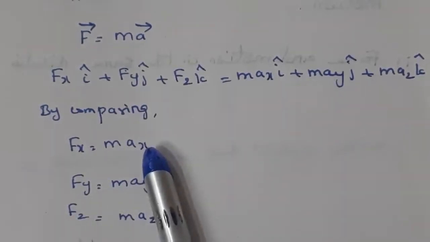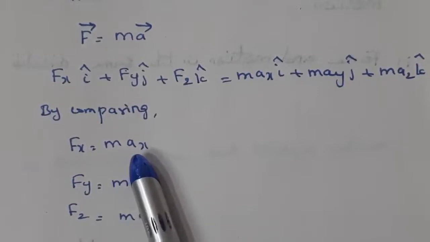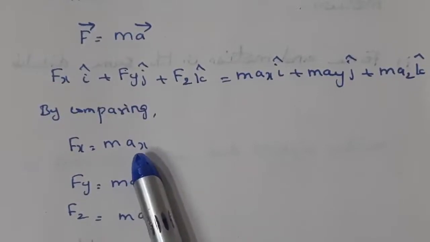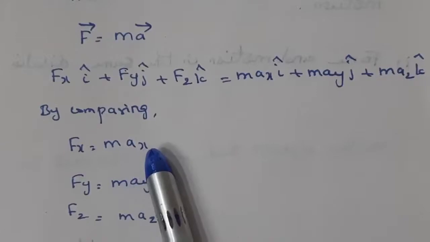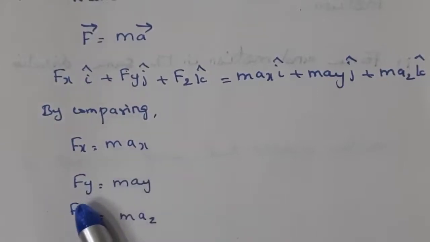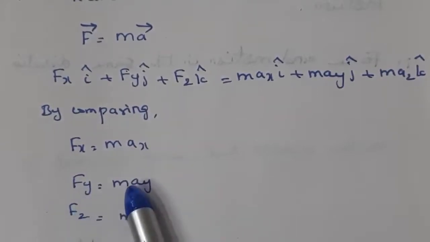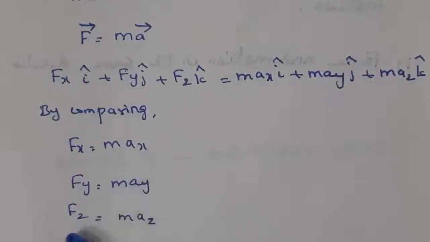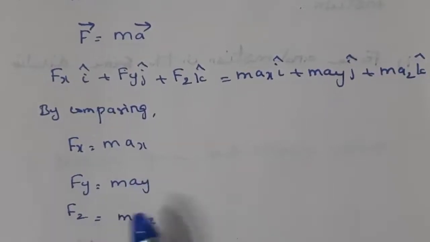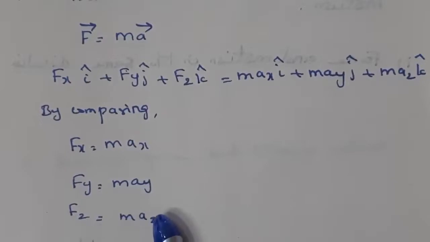Fx is equal to max. When the force is acting along the x direction, acceleration is also along the x direction. When the force is acting along the y direction, acceleration is also along the y direction. When the force is along the z direction, acceleration is also along the z direction.